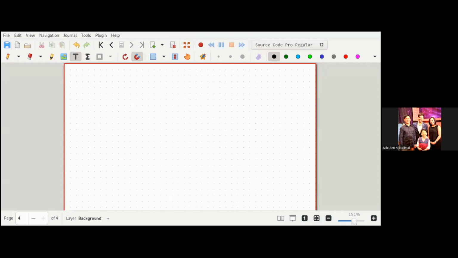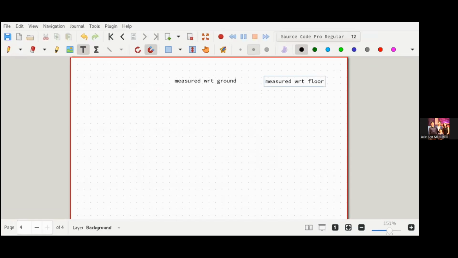So, we'll make a table. So, who did the measuring? Measured by, with respect to the ground. And then measured with respect to the floor of the cab.